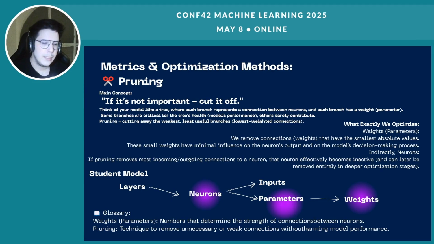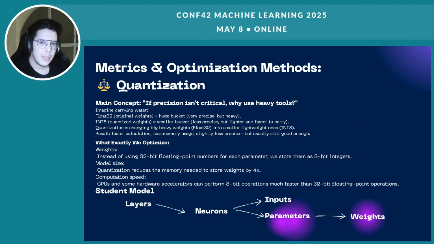An interesting thing here is that while we're disabling some parameters and weights, it can also indirectly affect the neurons, because when you turn off some weights and parameters, it may just turn off some neurons. So it's really interesting.